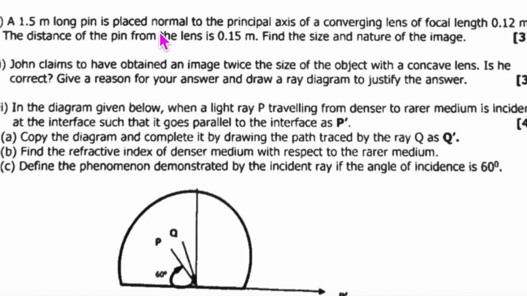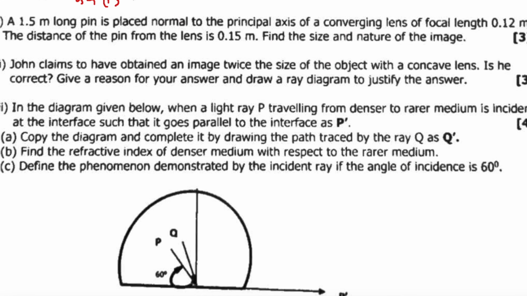Question 4, first part. A 1.5 meter long pin is placed normal to the principal axis of a converging lens of focal length 0.12 meter. The distance of the pin from the lens is 0.15 meter. Find the size and the nature of the image.